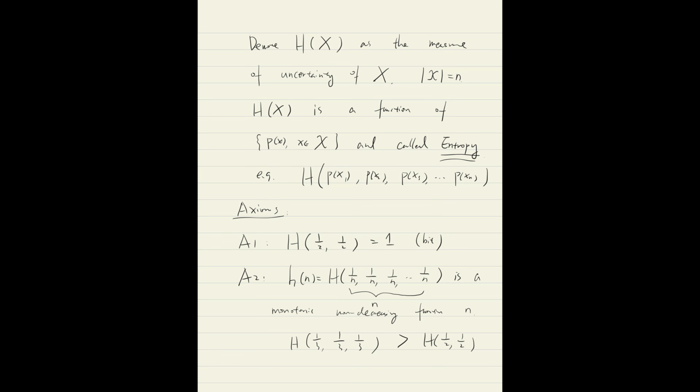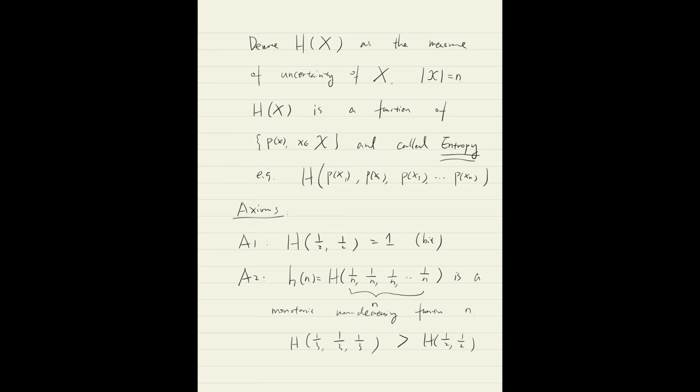Based on that, we're going to denote this h of x. Here we need to be more careful. x is a weird letter, everything looks identical. Capital X is a random variable. H of capital X is the measure of uncertainty of X, or measure of information.